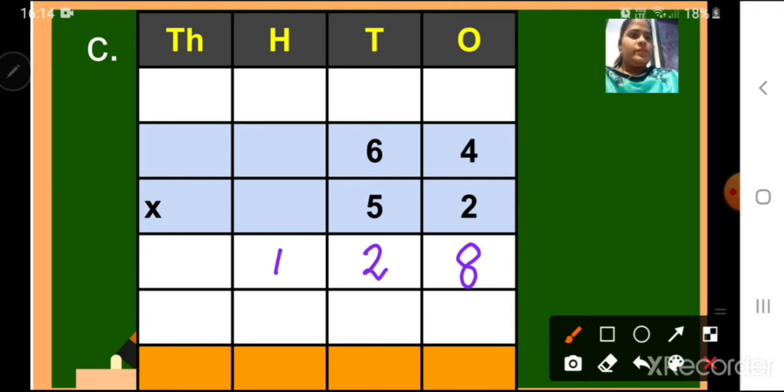Correct? Children, I have written your 1 directly down because there is no other number at the hundreds place. So directly also you can put the number down. Okay. Then we have to multiply number 5 with the numbers in the multiplicand.